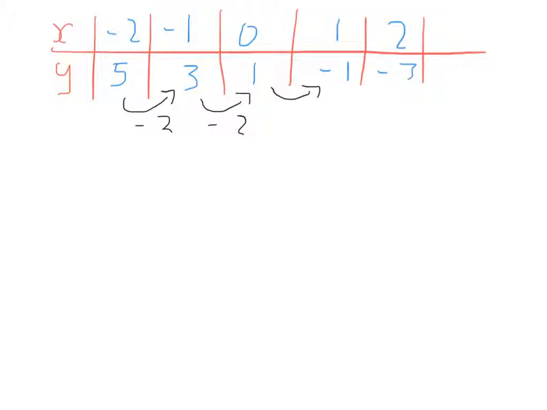To go from 1 to -1, I have to take away 2. And to go from -1 to -3, I have to take away 2. This is called a common difference. In other words, the difference between two of the y values next to each other is the same. That's another meaning for the word common. Common means the same. So it's the same difference all the way along.